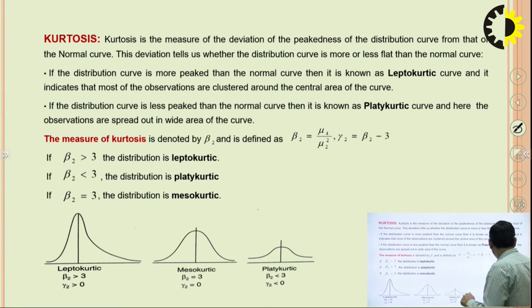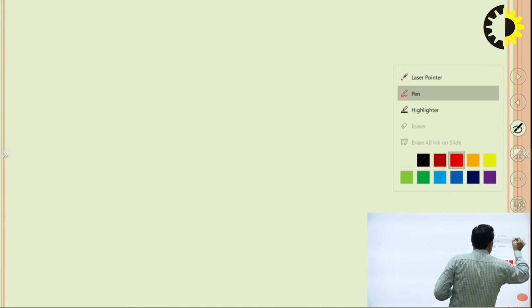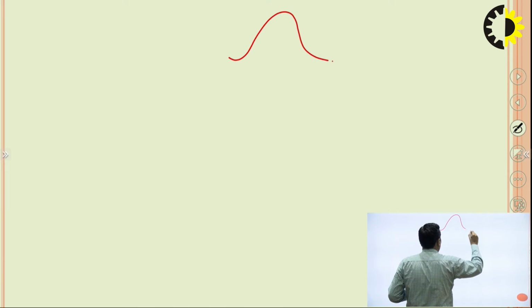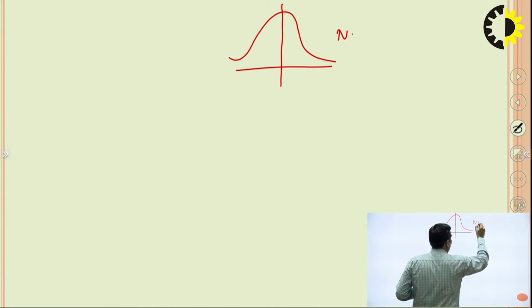Now, let us define what kurtosis is. Firstly, it's a normal curve.